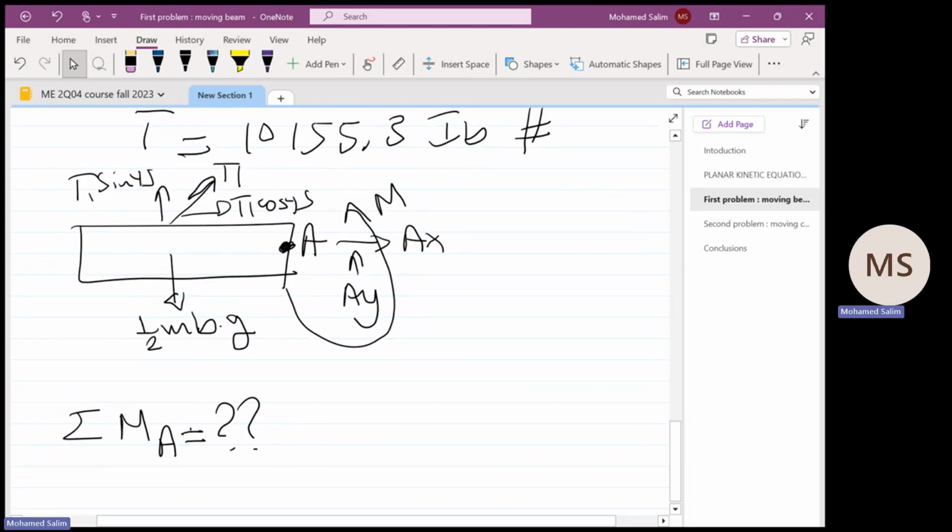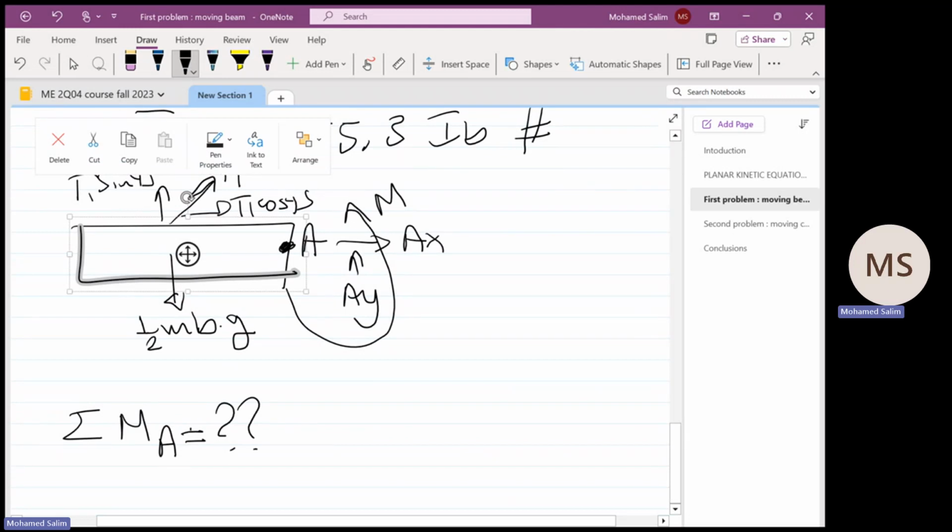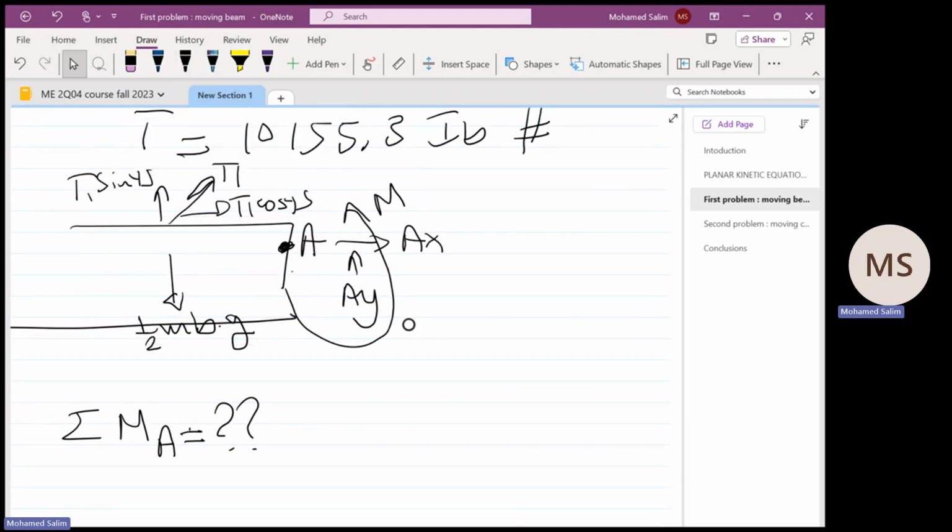So here is the free body diagram. We have two forces, T1 cosine 45, T1 sine 45. And we have Ax, and we have Ey, and we have a weight.